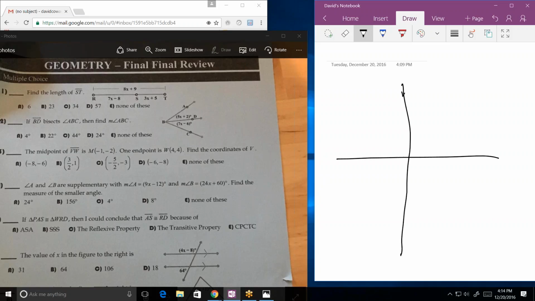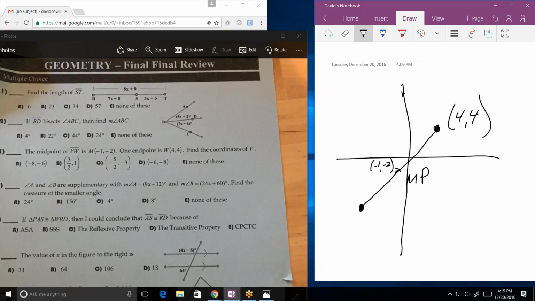If you graph the 2 points, that's -1, -2. That's the midpoint. And if you graph the end of another point, which is 4, 4, and I draw the line, then this is the point they want, right?